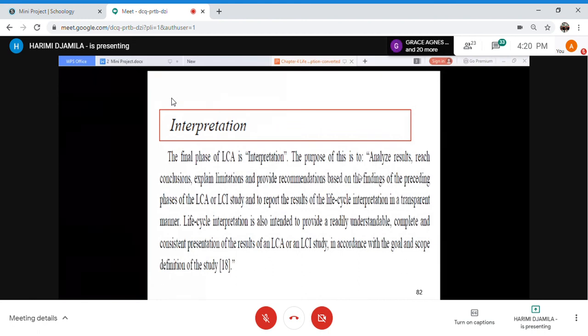Life cycle interpretation is also intended to provide a readily understandable, complete and consistent presentation of the result of your life cycle assessment.